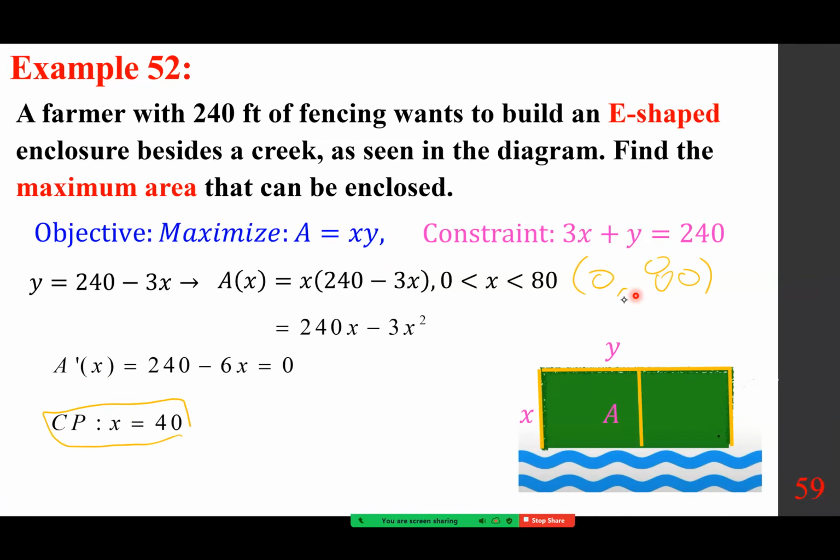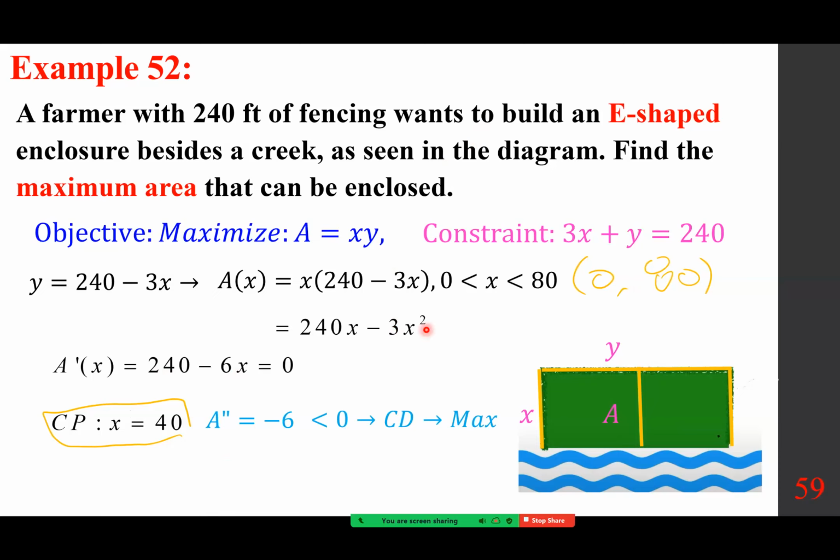So local becomes absolute, the best course of action. Whether this is a local max or min, which becomes an absolute max or min, we don't know yet. So we do the second derivative test, and this becomes -6. And we are interested in the negative because negative means concave down. Maximum occurs when x is 40.